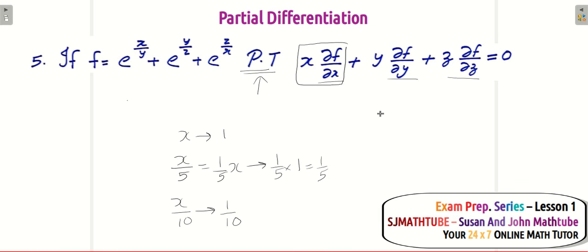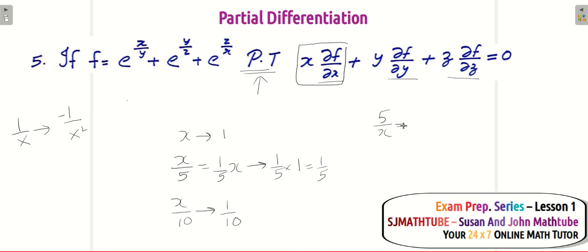Now let's think about the reciprocal 5 by x. I hope you still remember the derivative of 1 by x is minus 1 by x square.